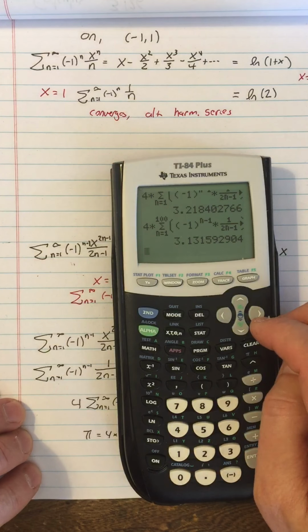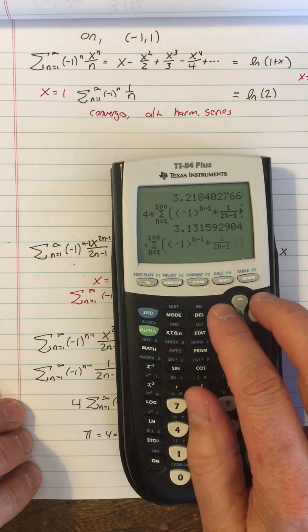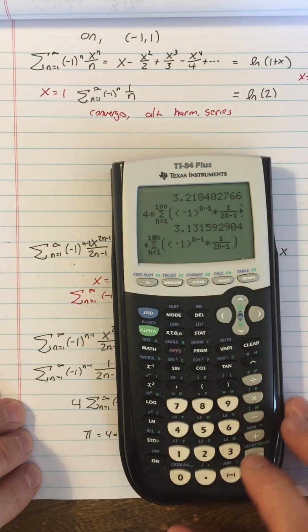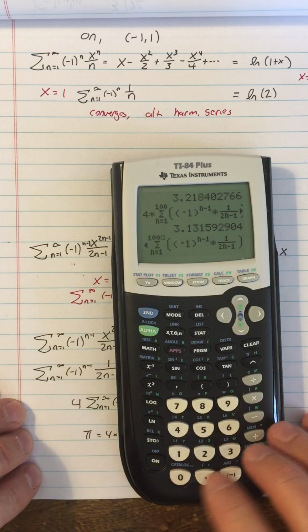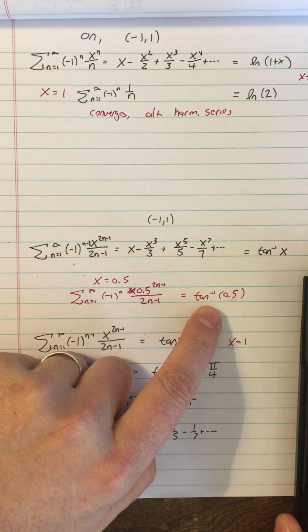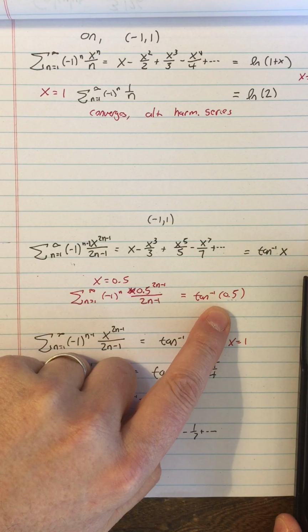So the drawback of this method, of course, is that it's really, really slow. It's not a rapid convergence at all. And in fact, if you think about how quickly this series converged to inverse tangent of 0.5, we got to within 5 decimal places in 7 iterations.